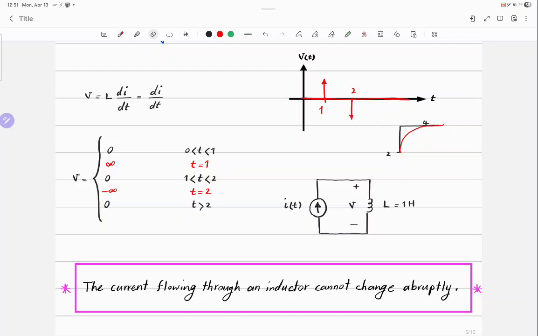But this is something that we talk about in the one after next. What I want you to understand for now is this: there's no way that the current passing through an inductor changes abruptly. However you want to force it, the inductor responds in time, delayed.